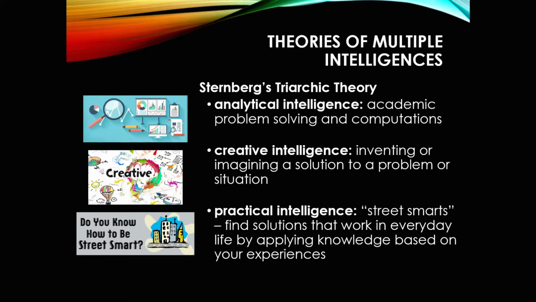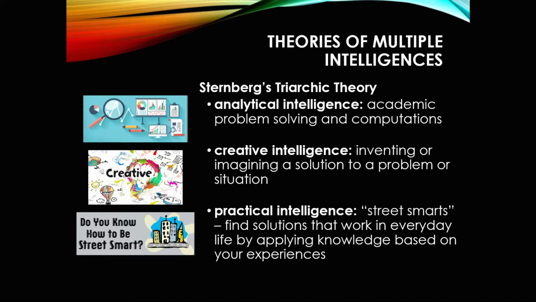There are several theories of intelligence that really break intelligence into sort of more multiple types of intelligence. And one of the big ones is Sternberg's triarchic theory of intelligence. So Sternberg felt that people have different types of intelligence: analytical intelligence, creative intelligence, and practical intelligence.